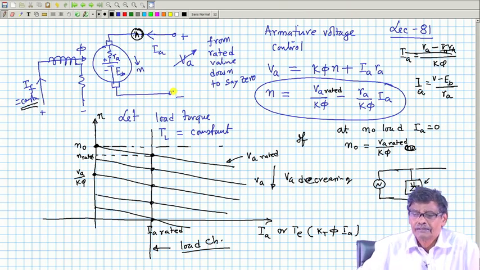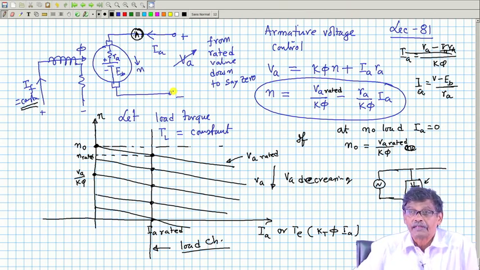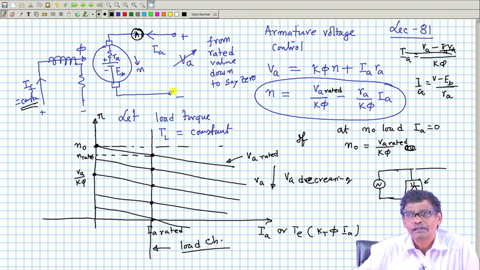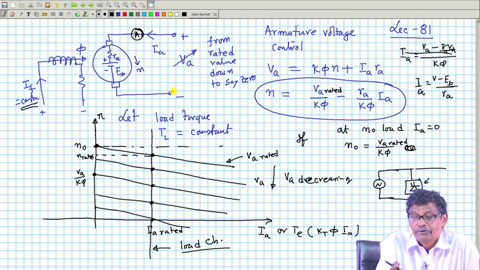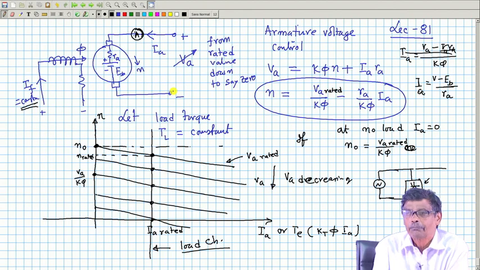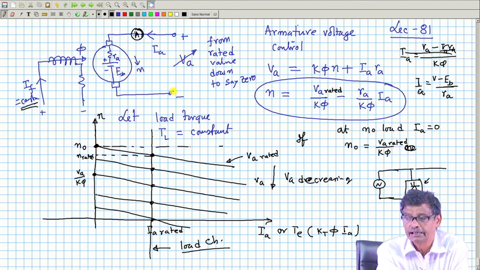Another, a DC generator, you require a prime mover, maybe an induction motor. So, you require not only a DC generator, but also another AC motor, assuming AC supply is only available. That was the case in earlier days. Only supply available is AC.